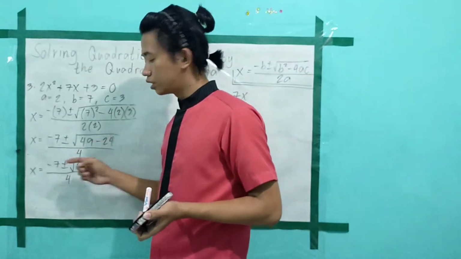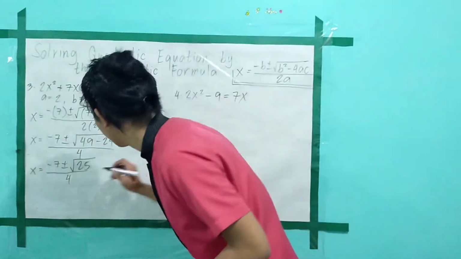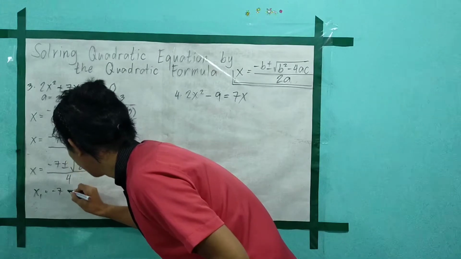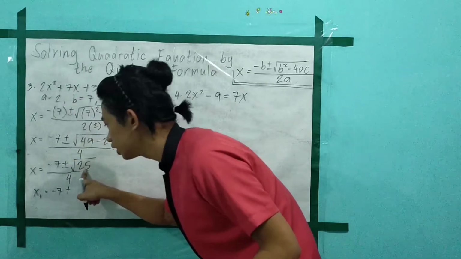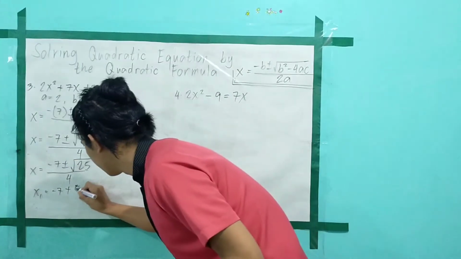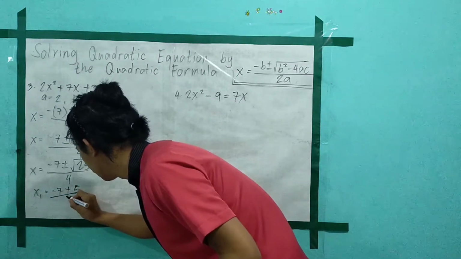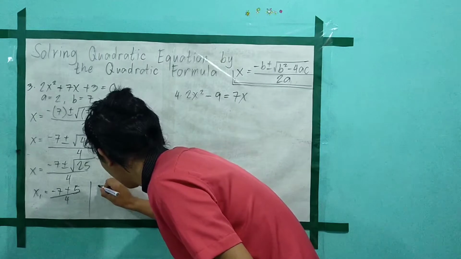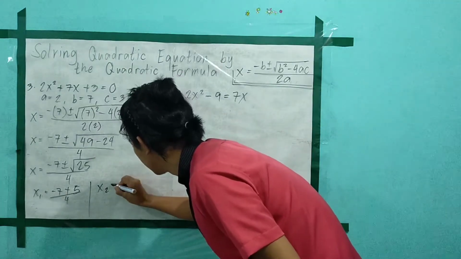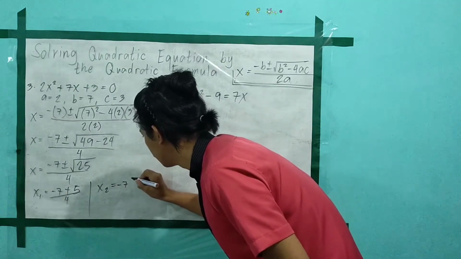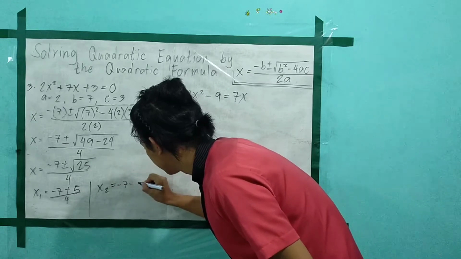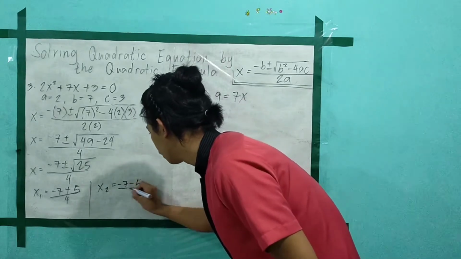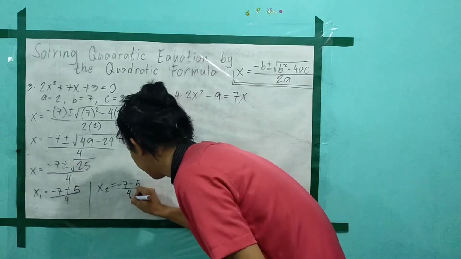Okay. Now, solve for the value of x. And dalawang values ng x. So we have x sub 1 is equal to negative 7 plus square root of 25, we have 5 all over 4. And then the other one, we have x sub 2 is equal to negative 7 less square root of 25, we have 5 all over 4.